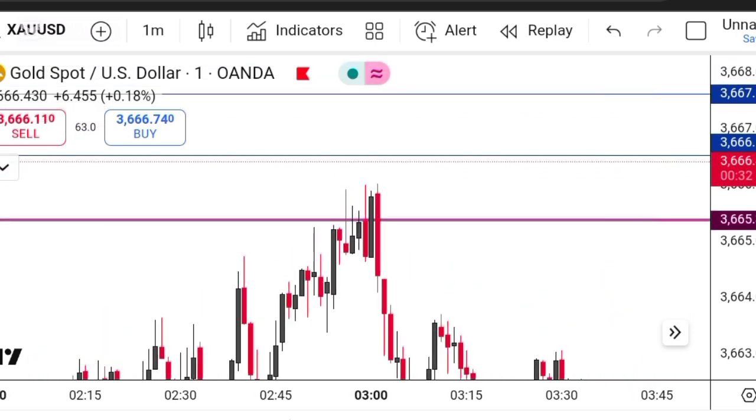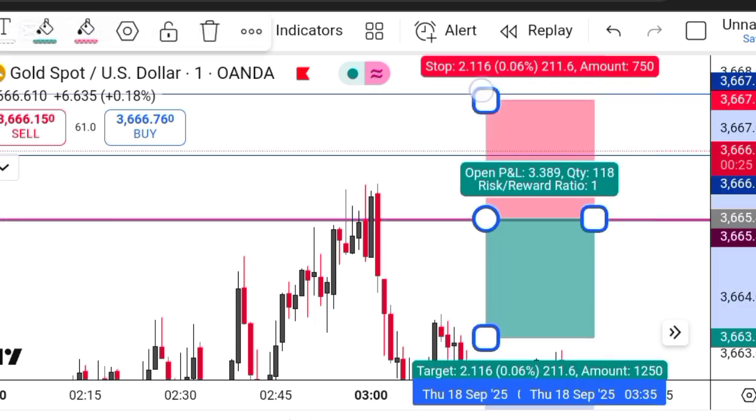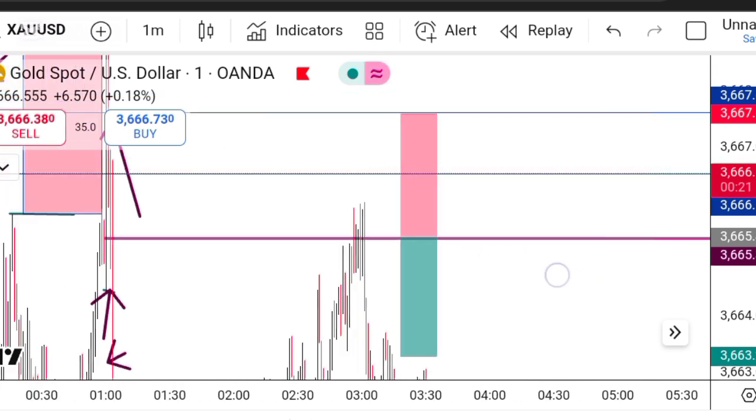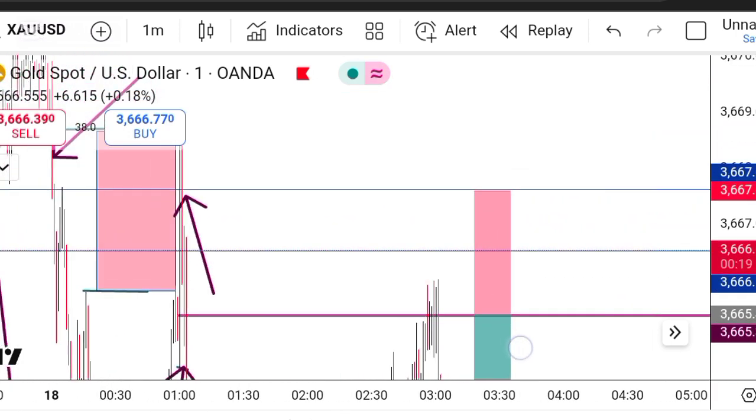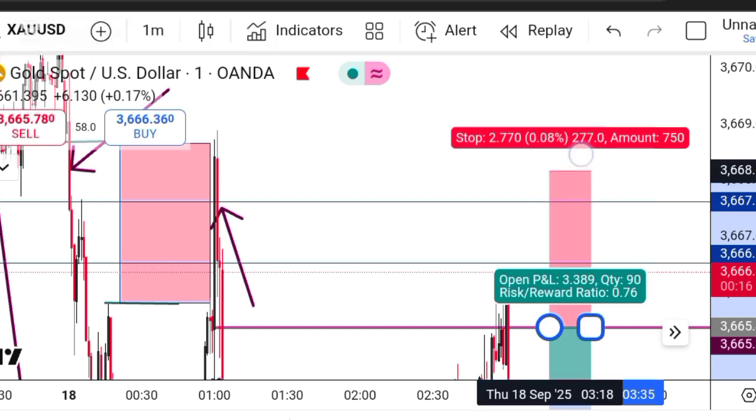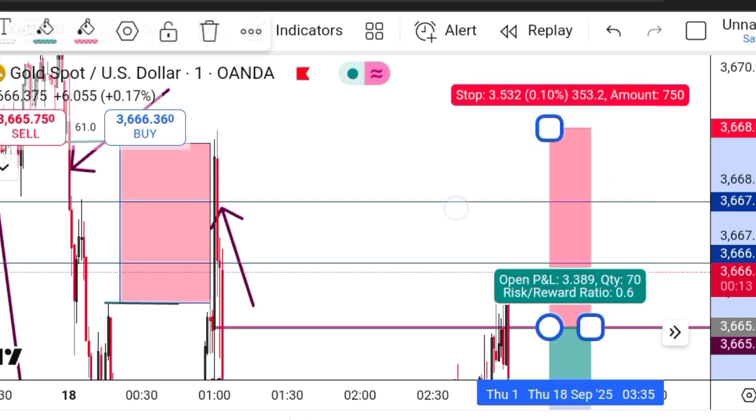So you place your trade right there, you take your short position, and your stop loss goes above the zone. Your stop loss has to go above the 1 minute zone, which is right here. That is the 1 minute zone.